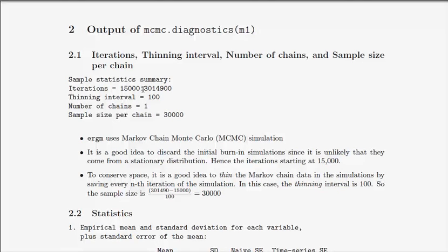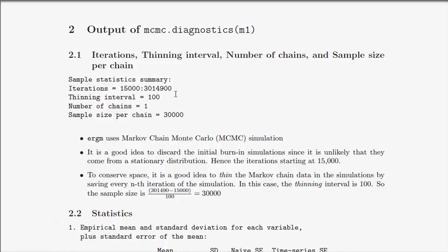Remember, the colon in R means it is a sequence. It is a sequence from 15,000 to 3,014,900. So the question is, what happened to the first 14,999 iterations? Now, in MCMC, there is a concept called burn-in.